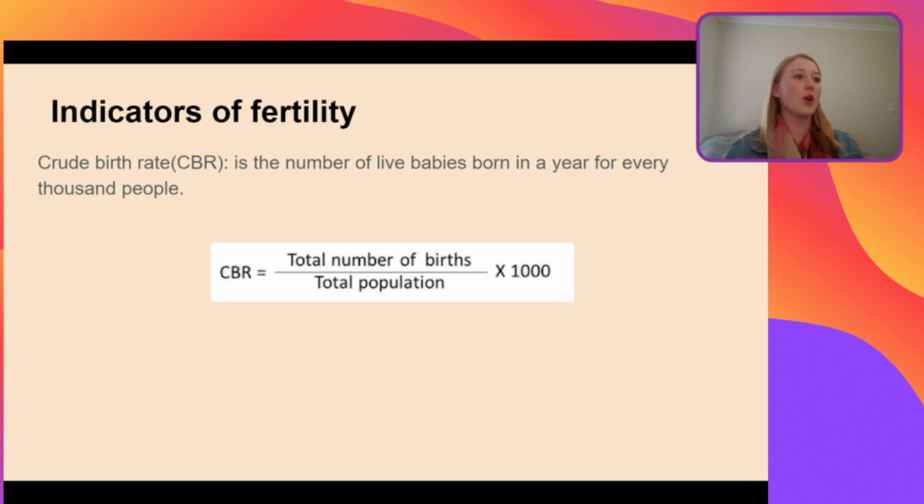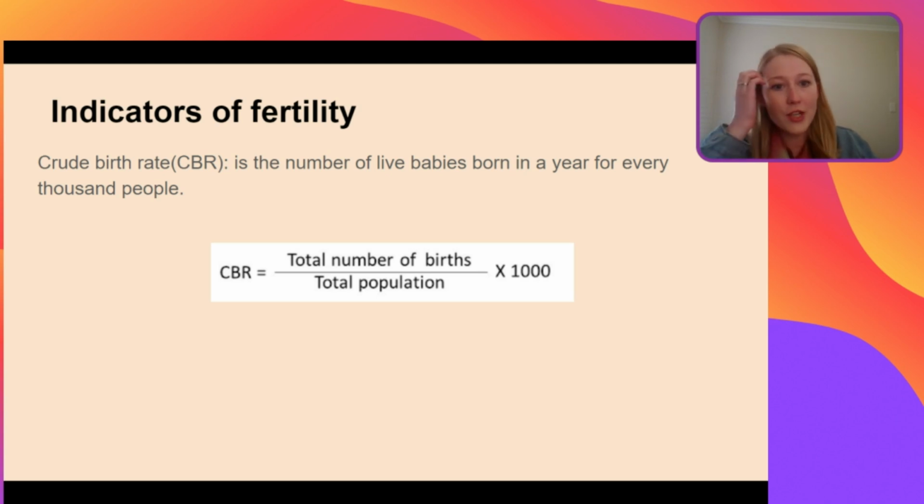So let's just start with fertility indicators. Fertility indicators, so we're going to look at crude birth rate. When it comes to any of these indicators that is a rate, like mortality or death rate, birth rate, it's always per 1,000. The reason for this is because you have countries of different sizes.